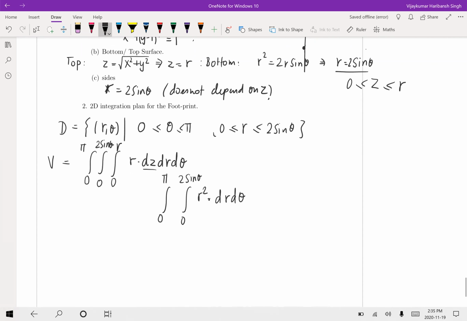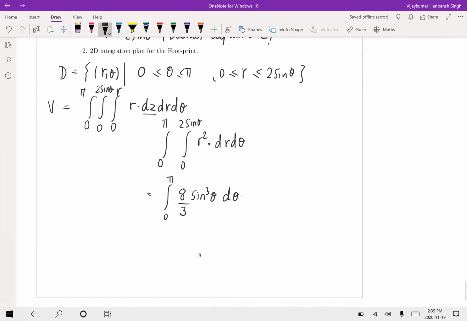So this is going to be the integral from 0 to pi of r cubed by 3, and when you put the limits, you get 8 sine cubed theta by 3 d theta.